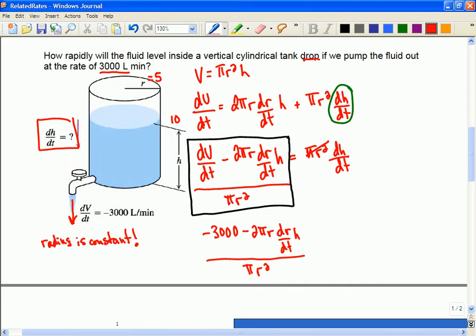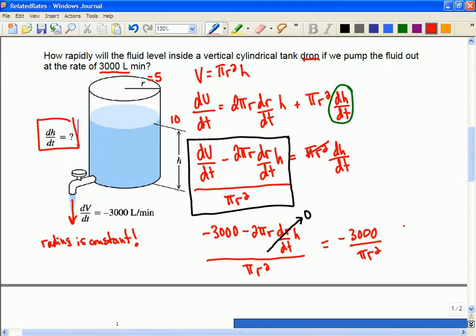So can anybody tell me what the rate of change is? Good. That's important, because then this term would disappear. If the rate of change is 0, that whole thing would be gone. And then we'd end up with negative 3,000 over pi r squared.